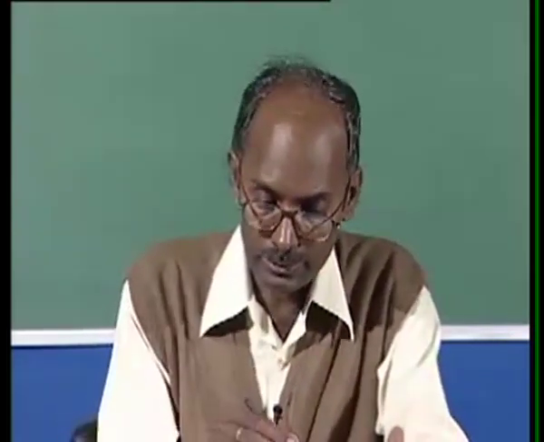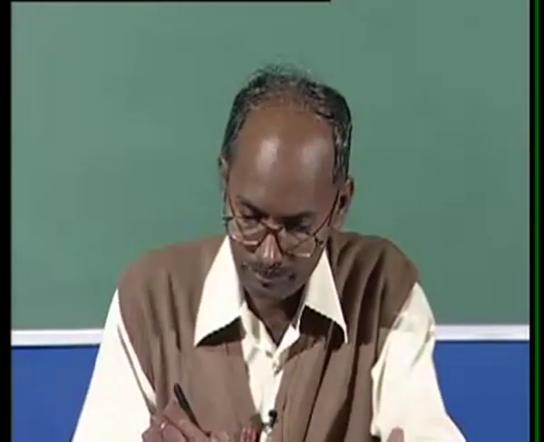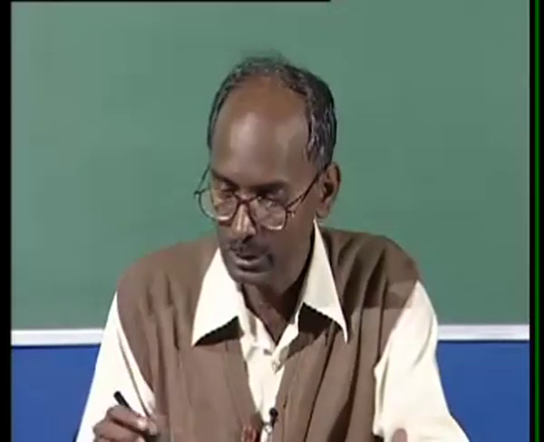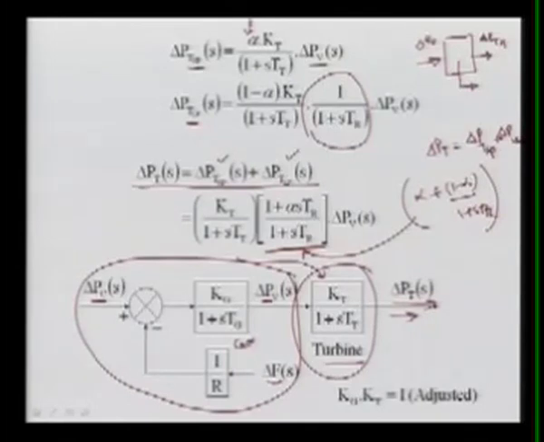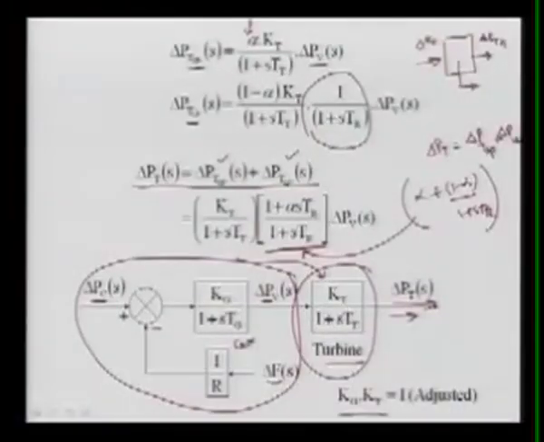So now this is the model of your governing system, this is your turbine model, and now this is going to your generator, where the generator is coupled, and we will see the generator model later on. Normally we try to make it in such a fashion that the multiplication of Kg and Kt we keep unity.